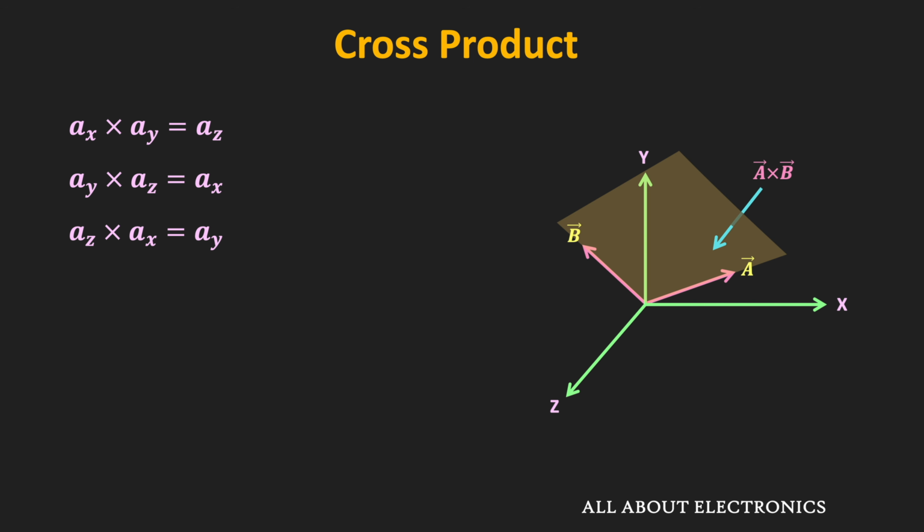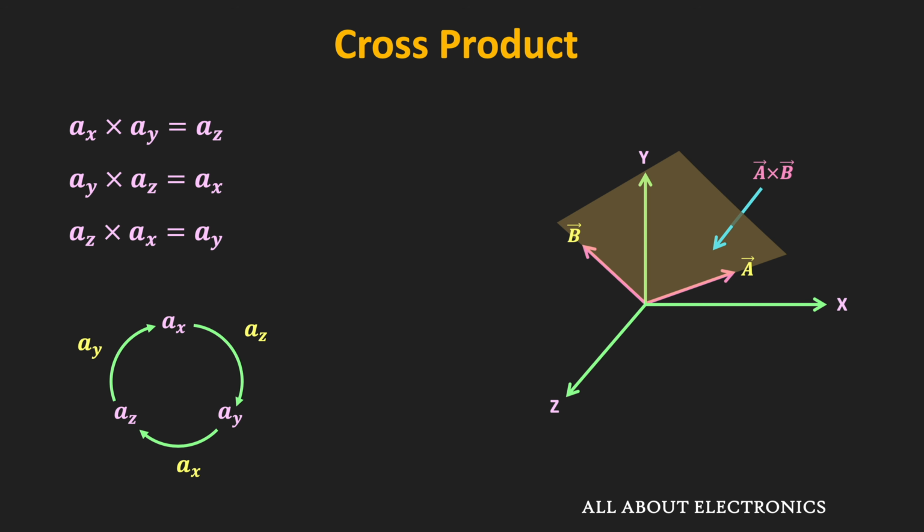That means using the cyclic permutation, we can find the result of the cross product between the unit vectors.